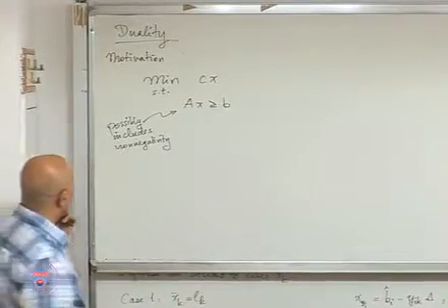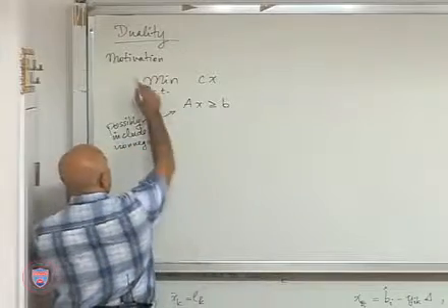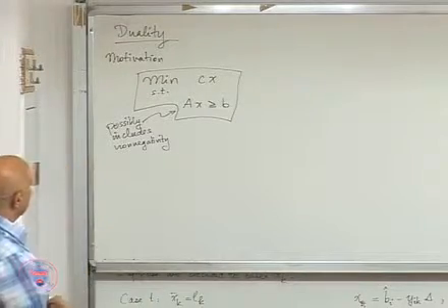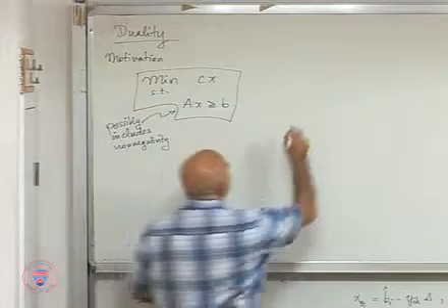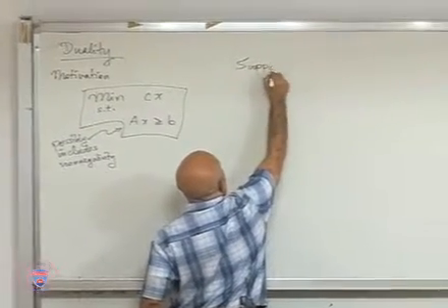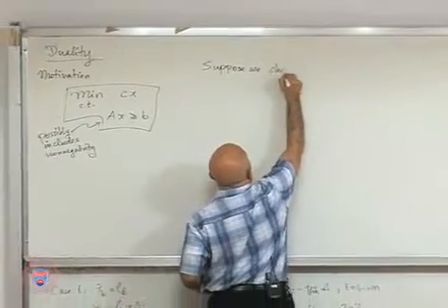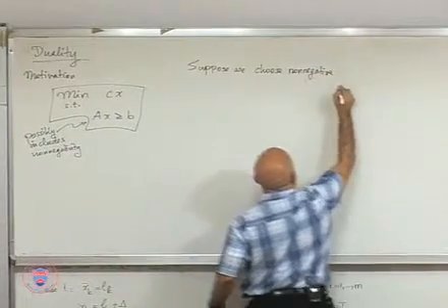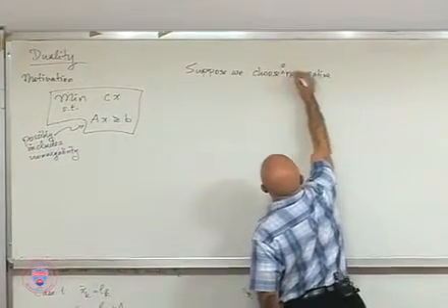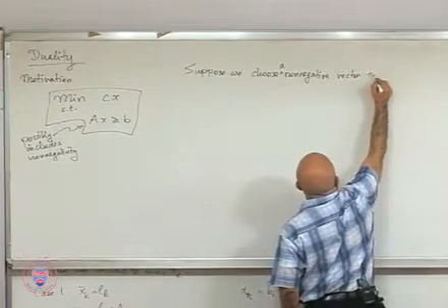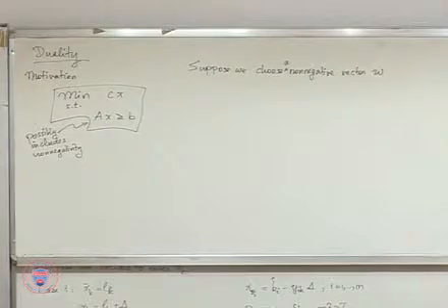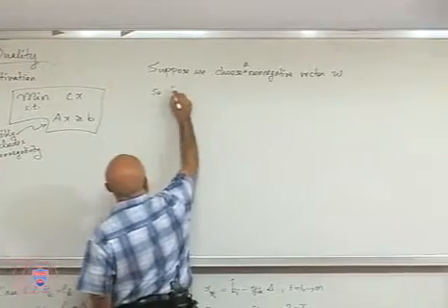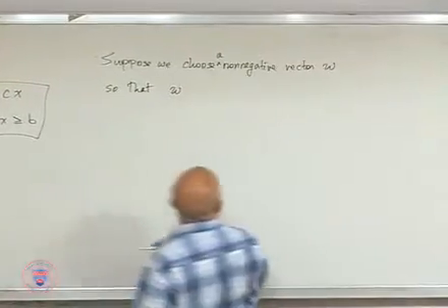So this is not the canonical form. So what I'm going to do is, suppose I'm going to choose a non-negative vector W, this is a row vector.